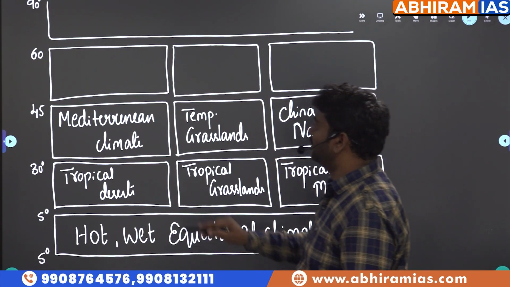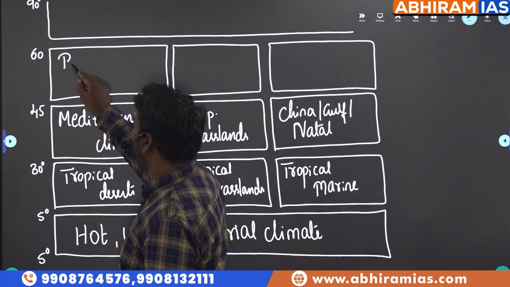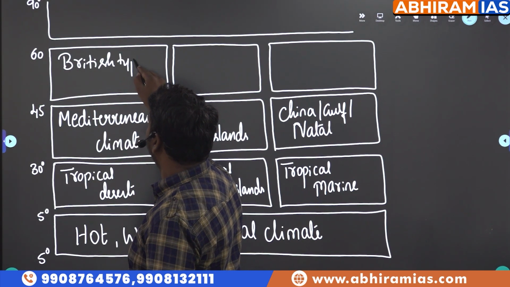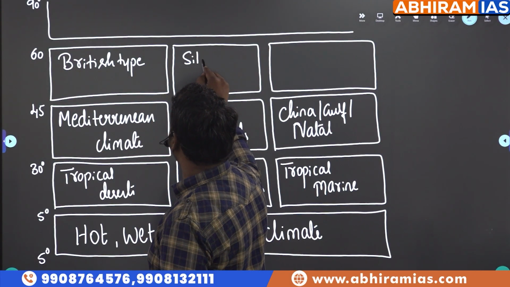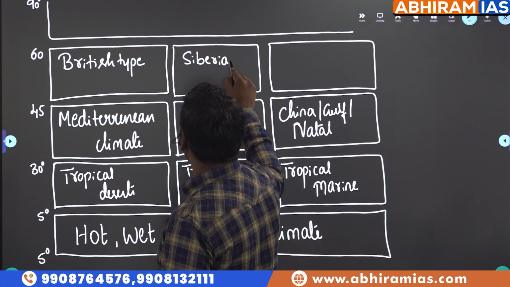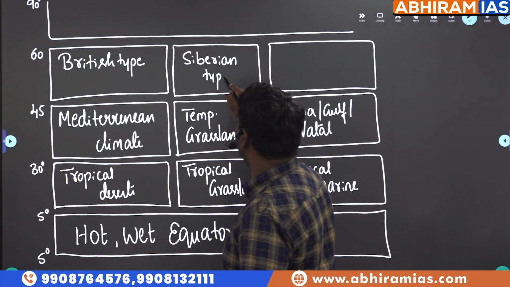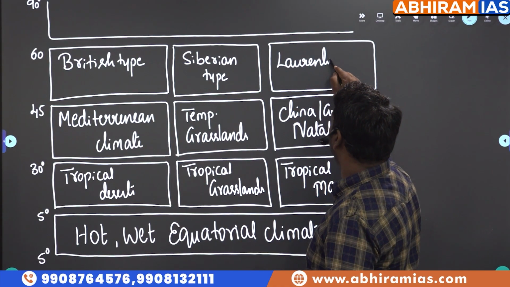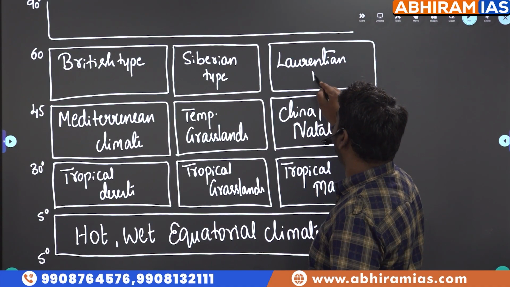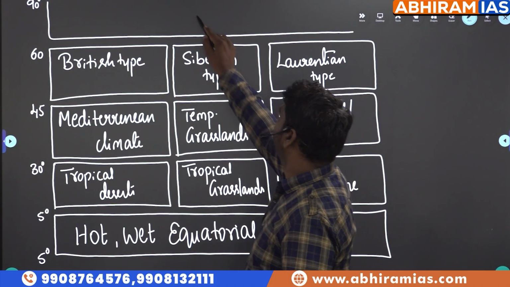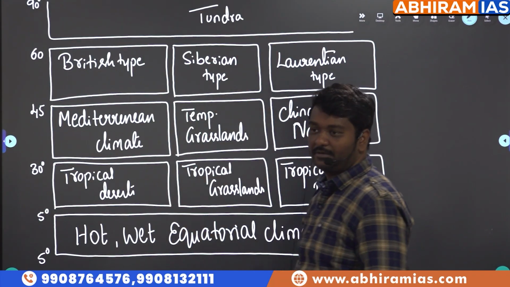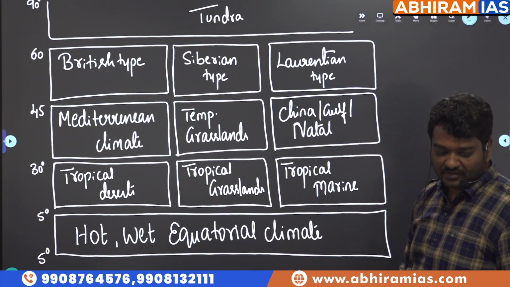Okay, next, guys, 45 to 60 is British type, Laurentian type, tundra type.